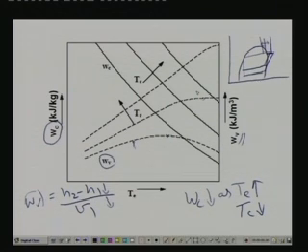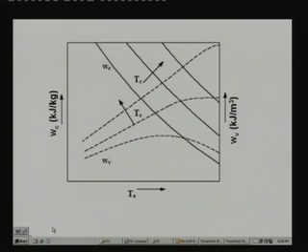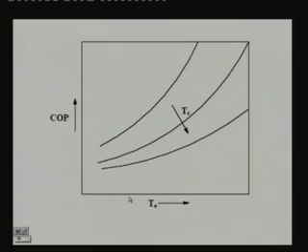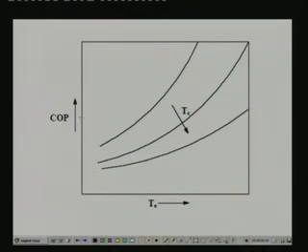Now let us see the effect of this on COP of the system. So you can see the effect of evaporator and condenser temperature on COP of the system. From the earlier two figures, it is very easy to come to this conclusion, because as you know very well, COP is the ratio of your refrigeration effect divided by work of compression.